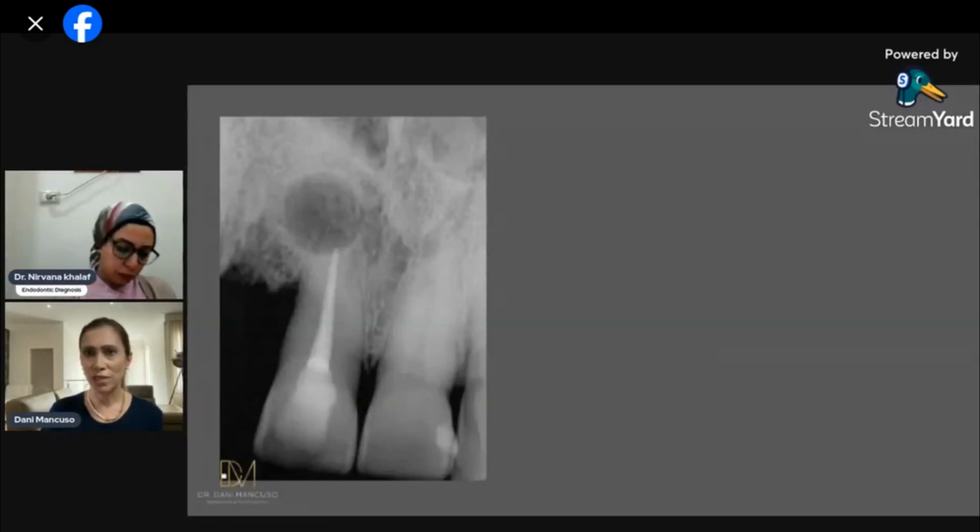Well, this is an interesting case that, when we received the case, was like that. So the dentist saw this circular radiolucency, did the root canal treatment on the lateral, retreated the lateral, extracted the lateral, and then did the root canal treatment on a vital central. It was a bit short on the apex and it was referred to me to retreat that central because the dentist didn't have a clue what was going on.